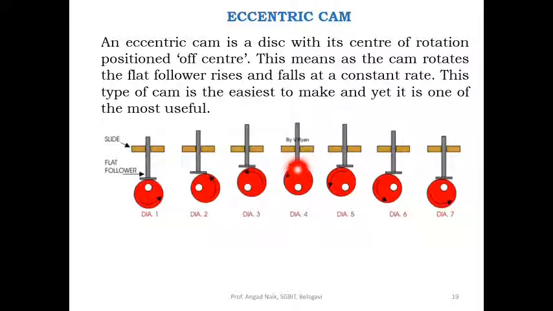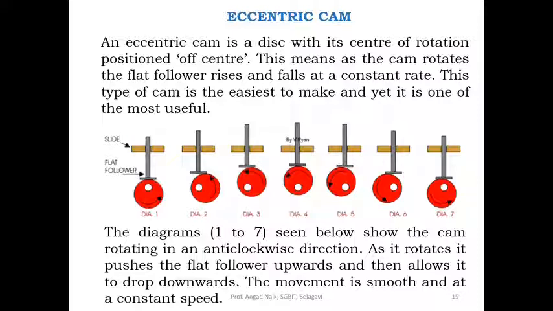As it rotates, it pushes the flat follower upward and then allows it to drop downward. The movement is smooth and at a constant speed. So the anti-clockwise rotation of the cam will first make the follower rise and then fall down.